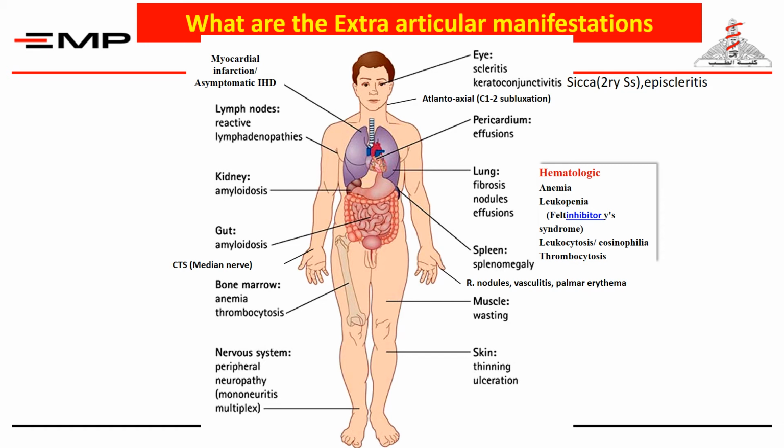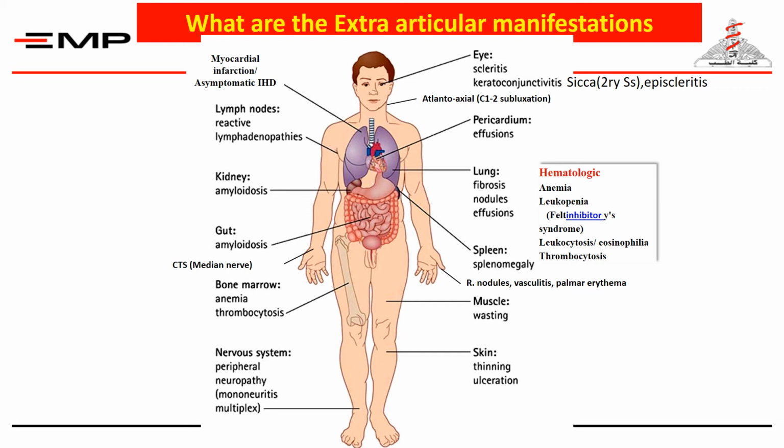The pericardium may be affected, causing pericardial effusion. The lung can also be affected with interstitial lung disease, fibrosis, nodules, or pleural effusion. Lymph nodes may be enlarged with reactive lymphadenopathy. The spleen may be enlarged, causing splenomegaly, especially in Felty syndrome, which we will discuss later on.